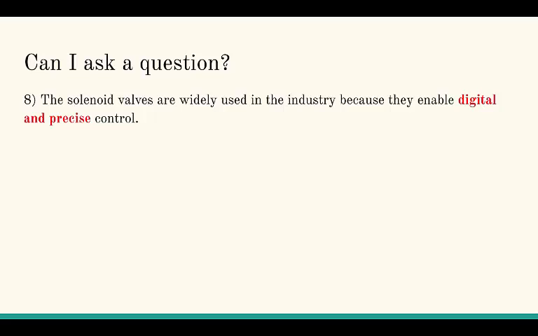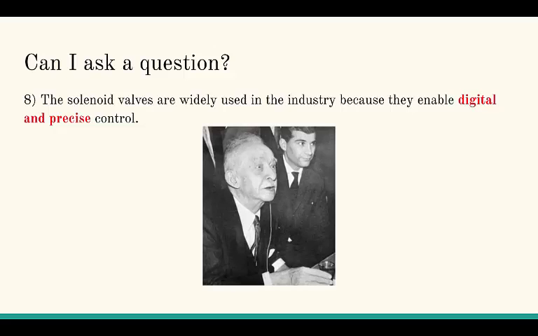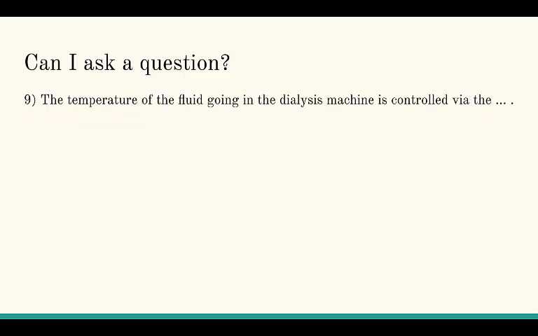You can use a computer to let the current get to the spring and manipulate the plunger in the way that you want. Yes. So the ninth question: the temperature of the fluid going into the dialysis machine is controlled via the something.